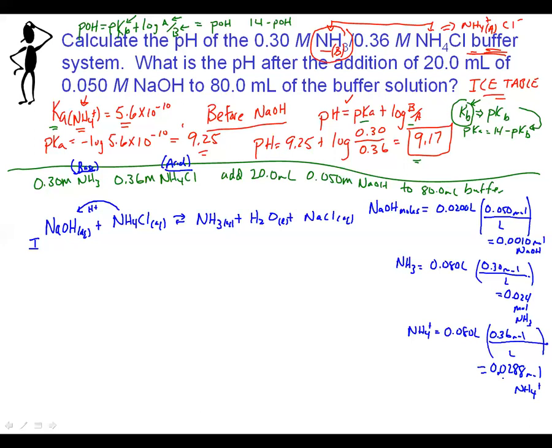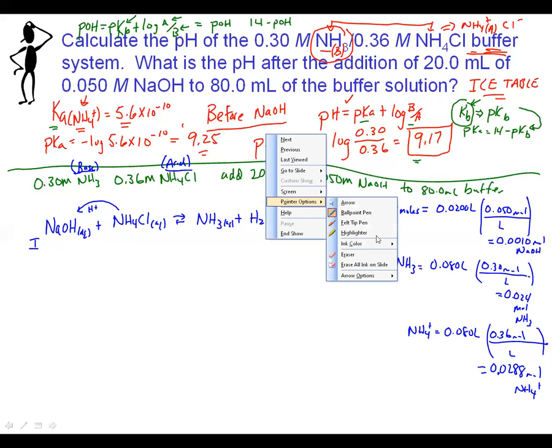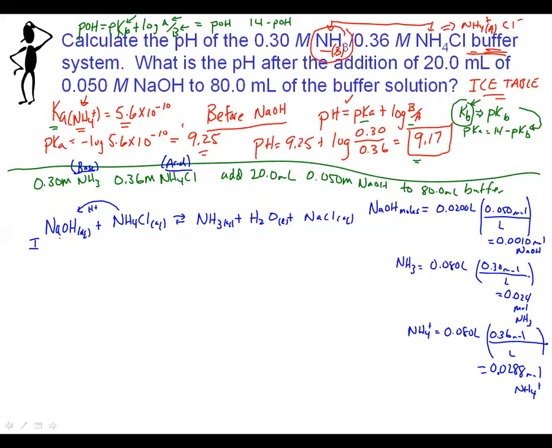So initially for our sodium hydroxide, we have 0.001 moles. NH4Cl is NH4 plus, and that is 0.0288 moles.